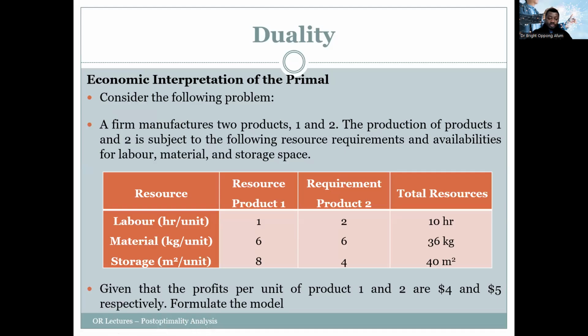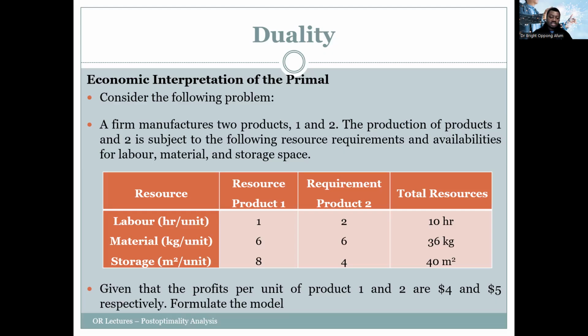A firm manufactures two products, product 1 and 2. The production of product 1 and 2 is subject to the following resource constraints. We need 1 hour for product 1 and 2 hours for product 2, and the total resource available is 10, right?